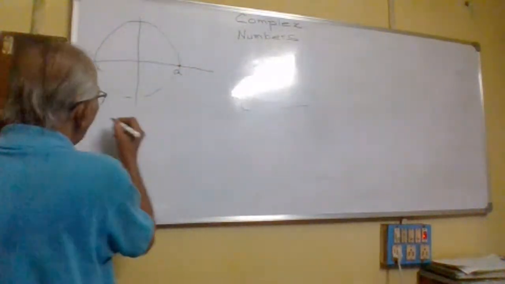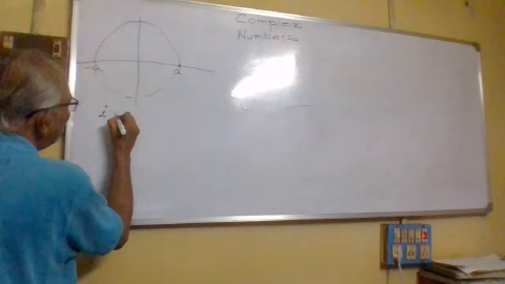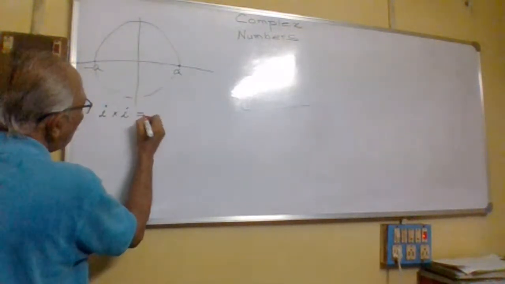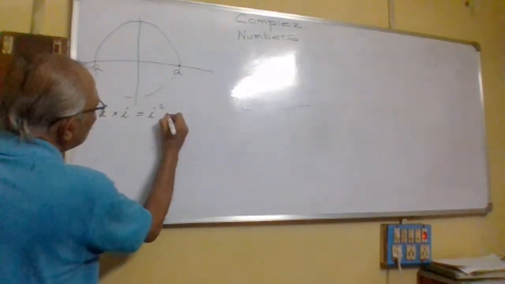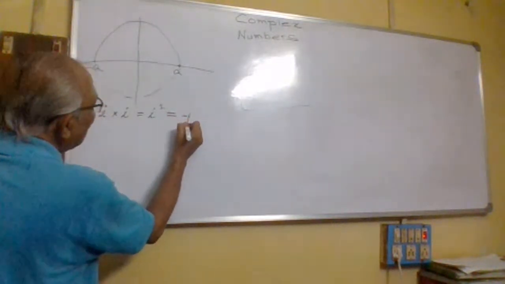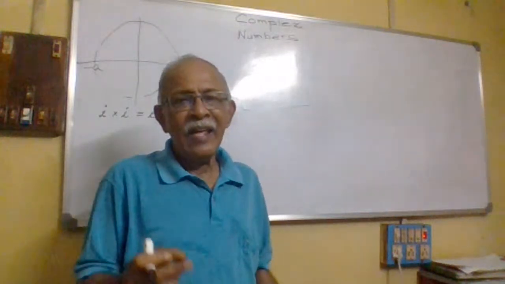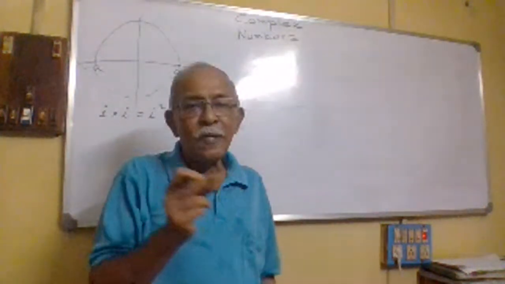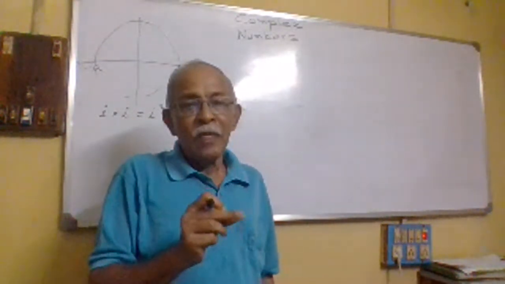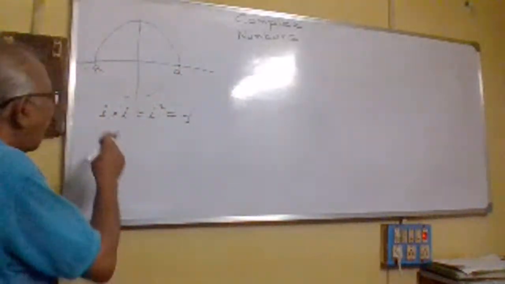And we know i into i equals i square equals minus 1. From here, we can say that this is a comparison. That means if we are rotating it through 90 degrees, it will become i.